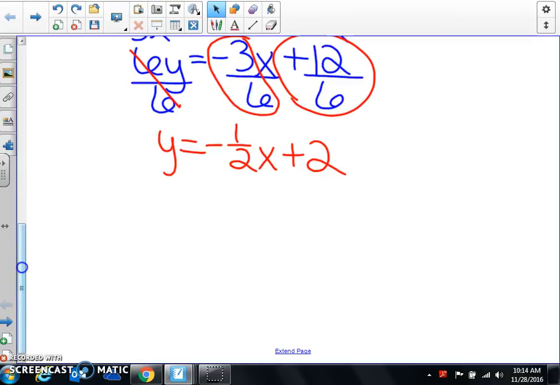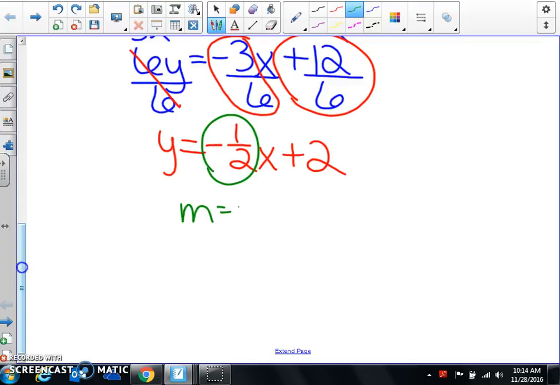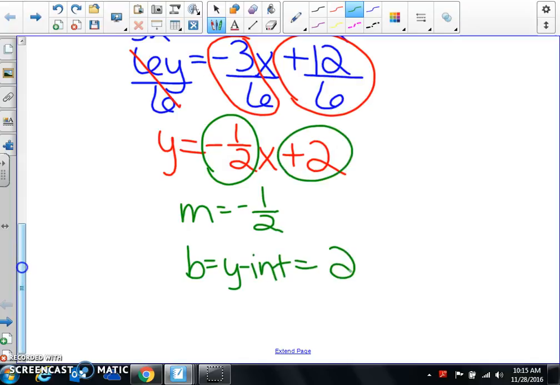So if I were to straight up ask you, hey, what is your slope? You would just say my slope equals negative 1/2. Hey, what's your y-intercept? My b, or my y-intercept, is a positive 2. Which, remember, we would write as an ordered pair. So that would be 0, 2.